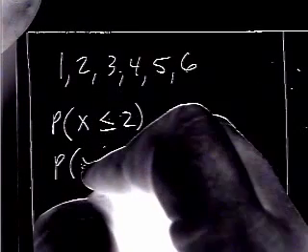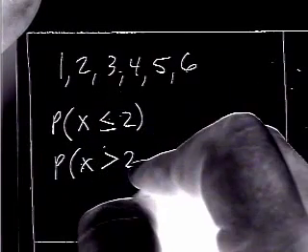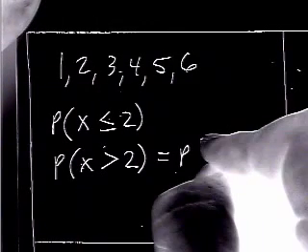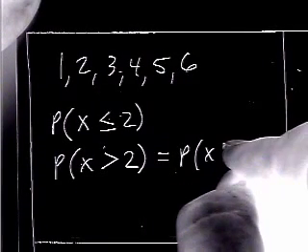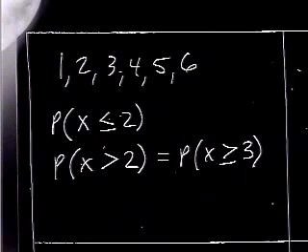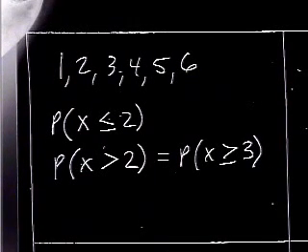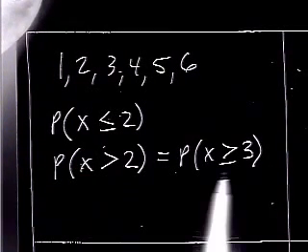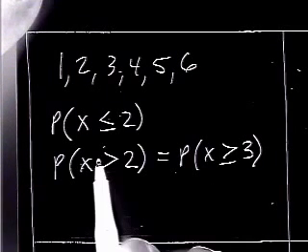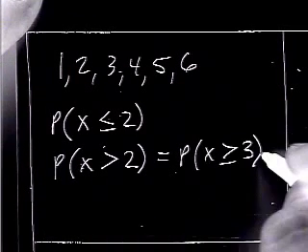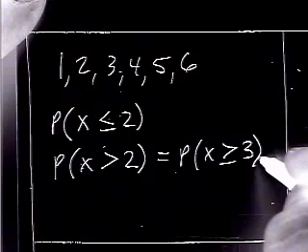What if I said, what's the probability that x is greater than 2? Now, isn't that the probability that x is equal to 3 or more? Greater than 2 would be the same thing as 3 or more.